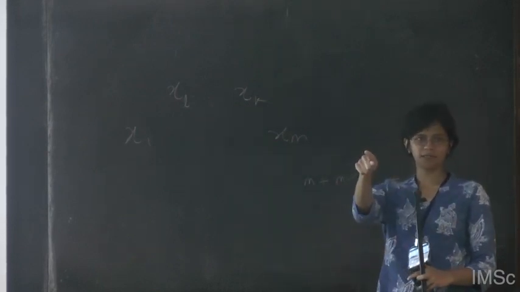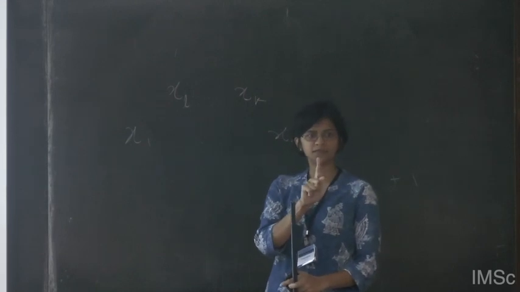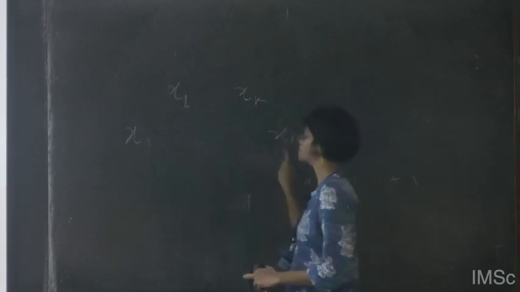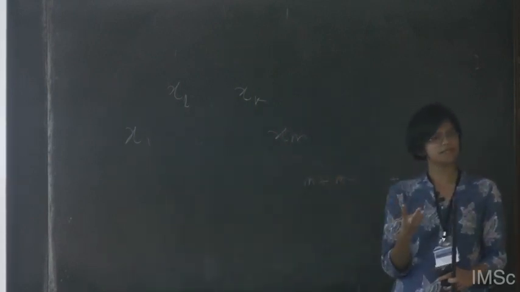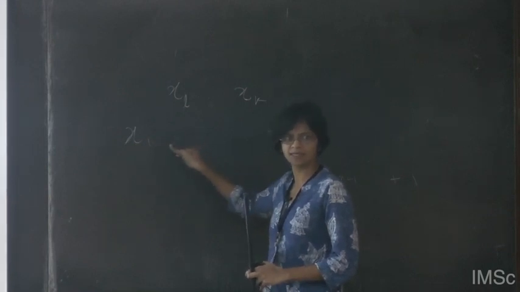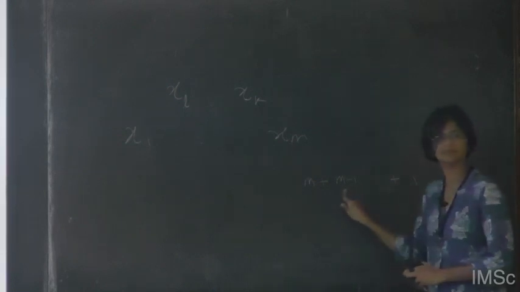Look at the way he counted it. He said, how many substrings of length 1? m. Agree? There is x1, x2, x3 all the way to xm. How many of length 2? x1 x2, x2 x3, x3 x4 all the way to xm minus 1 xm. So that is m minus 1.